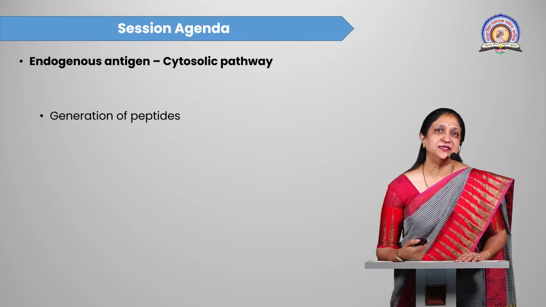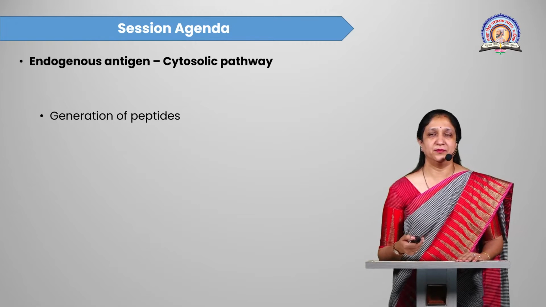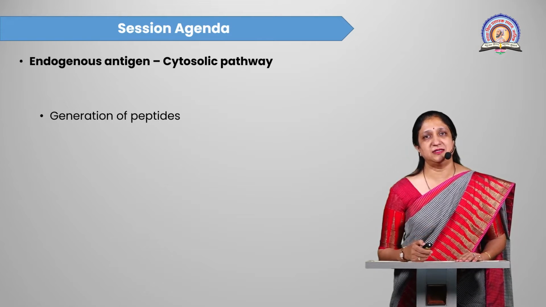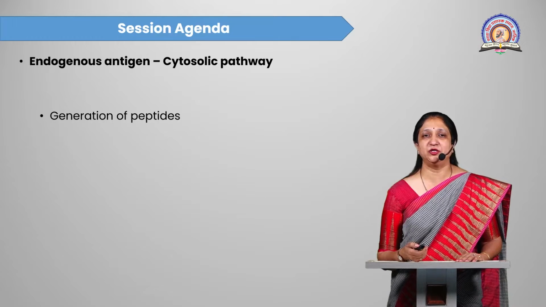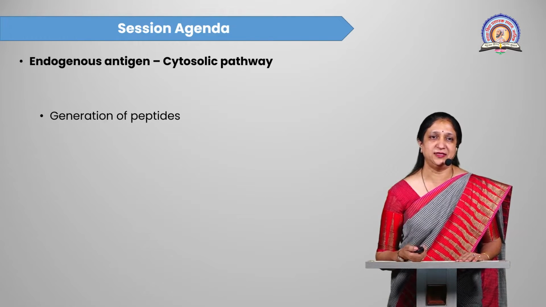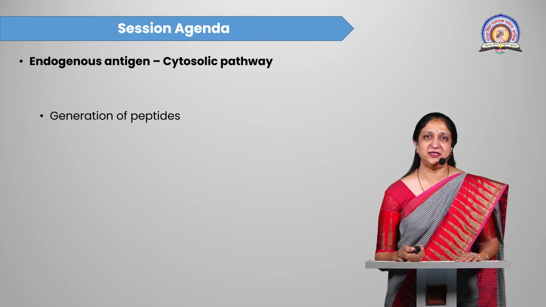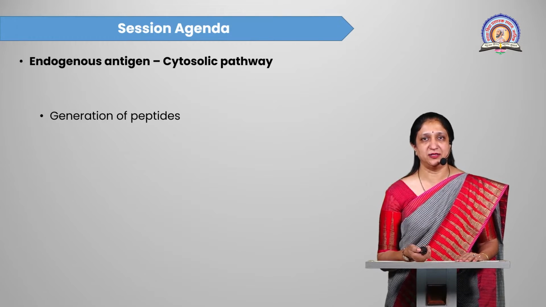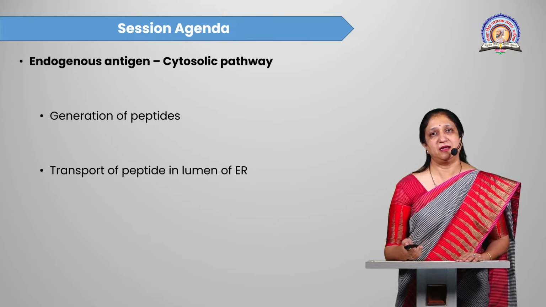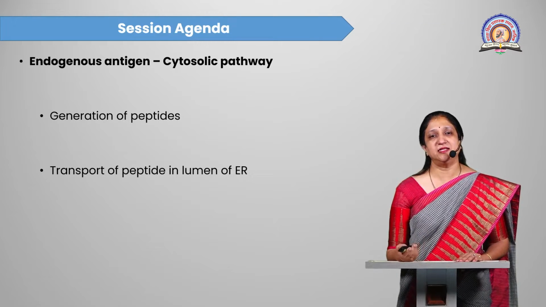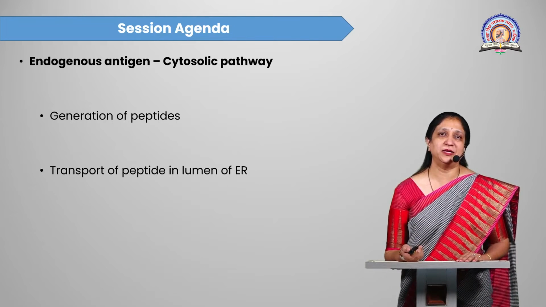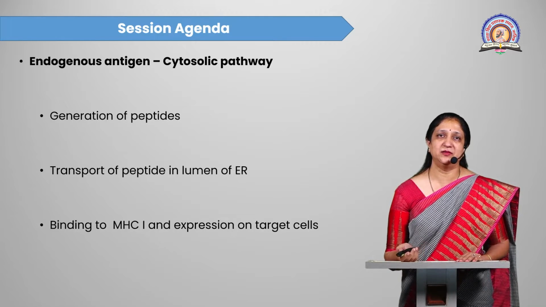There are three different steps in this pathway. The first step of the pathway is the generation of peptides, which we shall see in detail. Then the transport of all the peptides that are generated in the cytosol, and these peptides are then transferred into the endoplasmic reticulum, where they bind with the class 1 MHC molecule.